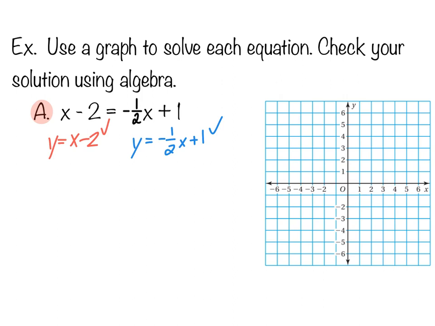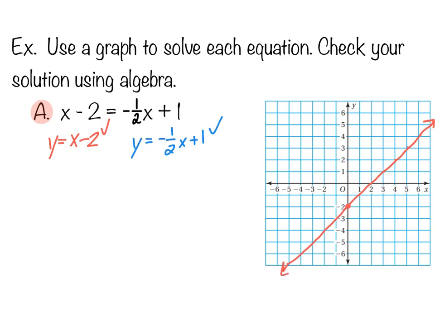So we would graph the first one by plotting the y-intercept at negative 2. The slope is rise 1, run 1. You can see there's no coefficient with the x, so that means it's 1. So there is our red line, our first equation.